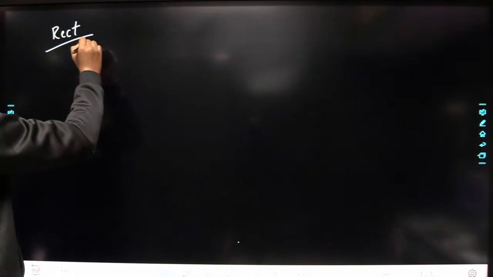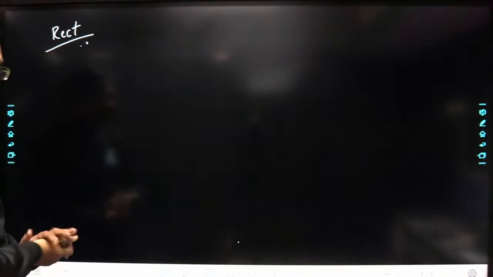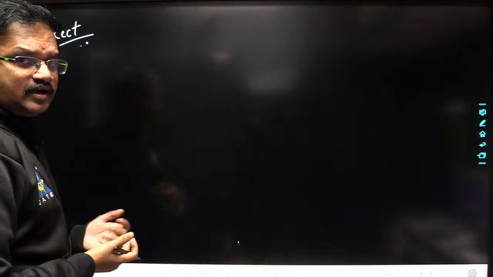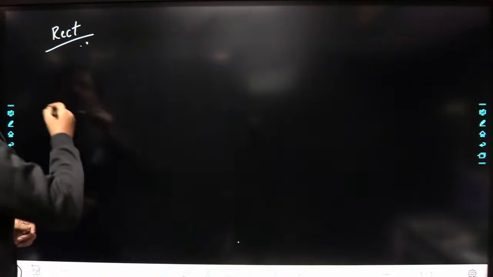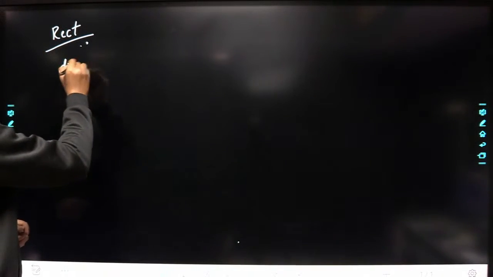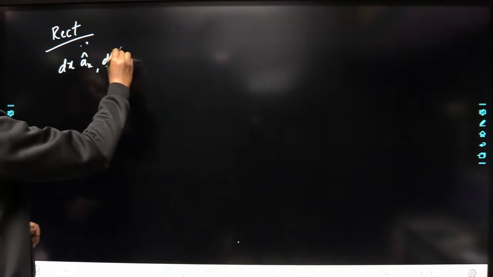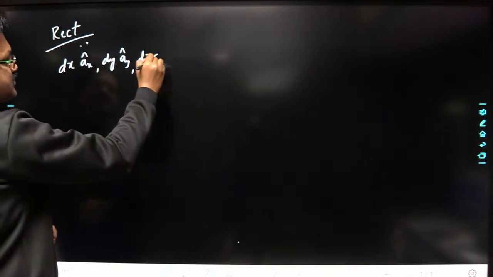So in the rectangular coordinate system, we have seen the differential lengths, differential areas and differential volumes. The differential lengths are dx ax cap, dy ay cap, and dz az cap.